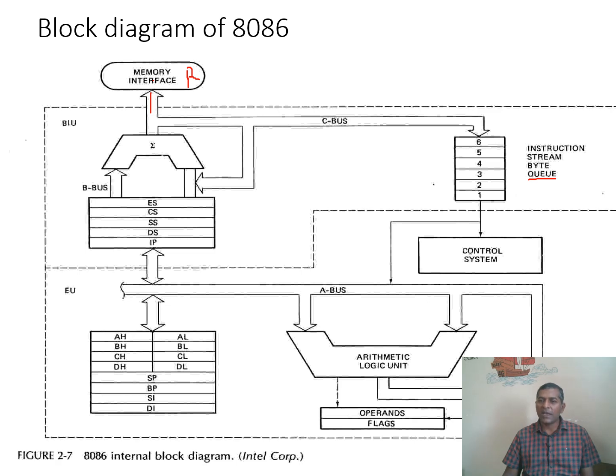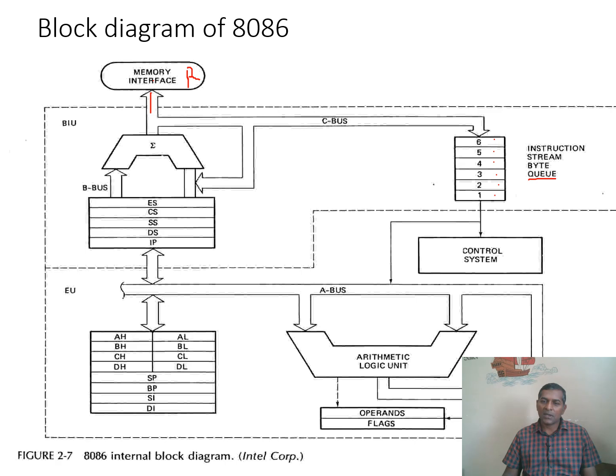This is a 6-byte queue, and every location is 1 byte: 1, 2, 3, 4, 5, 6. This is nothing but an internal memory available in the microprocessor IC, one type of memory.